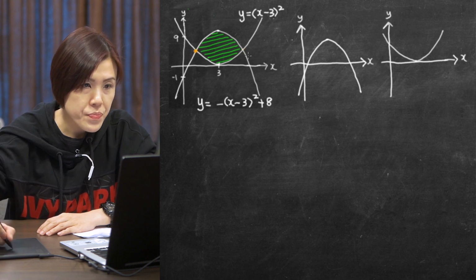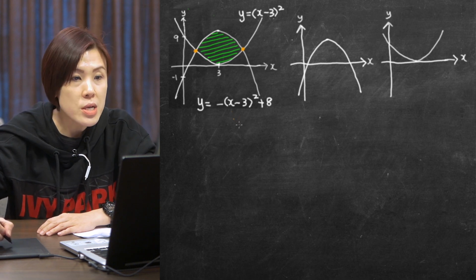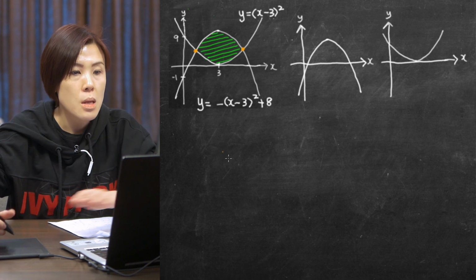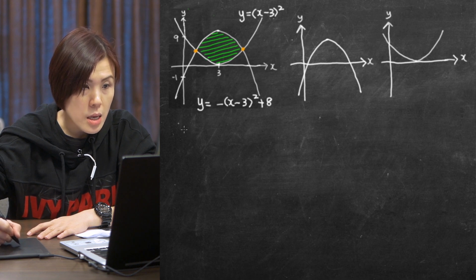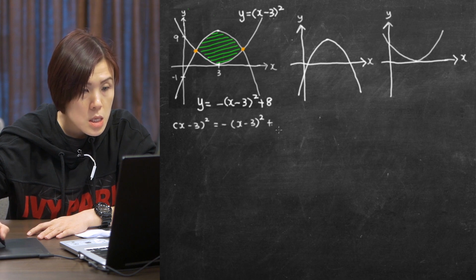So these two points, we can find by doing simultaneous equations, since the equations are given here. I will just put them equal, since both equations are in terms of y. So we have (x - 3)^2 equals this.